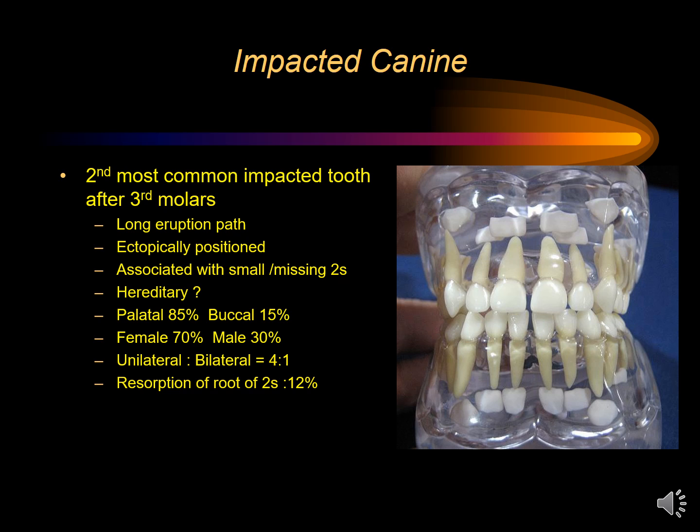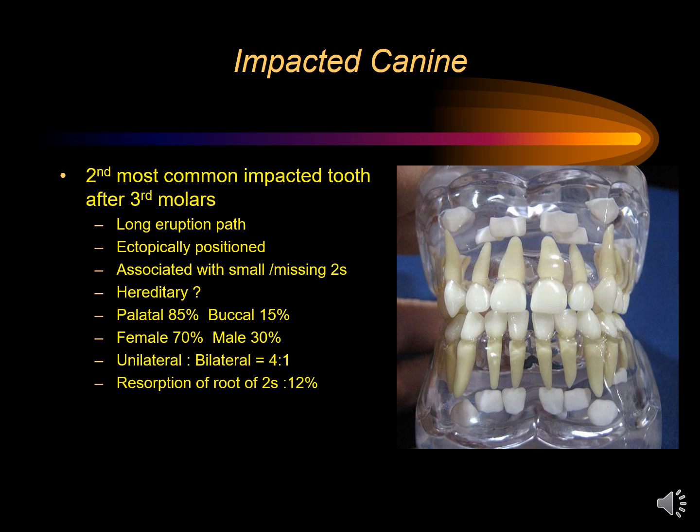And the canine may also be ectopically positioned, and very frequently impacted canines are associated with microdont or missing lateral incisors. Now, there may be a hereditary component as well to the occurrence of impaction, and impaction can be either on the palatal side or on the buccal side, and the majority of them are on the palatal side.